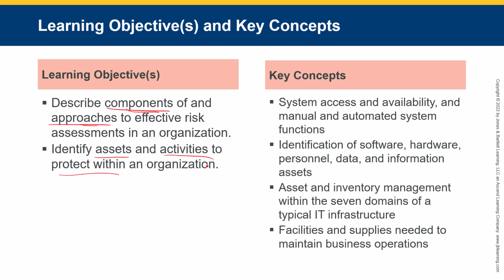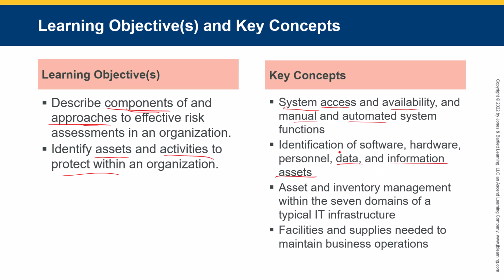Key concepts we're looking at are the systems, access, availability, the processes, whether it's manual or automated functionality. We're going to identify the software, the hardware, personnel, data, information, and assets.